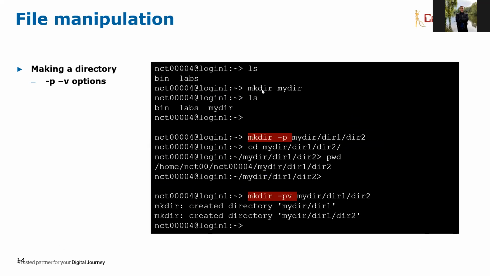Mkdir stands for make directory. So you type in the command mkdir and then space, and then the name of the directory you want to create, and then you hit enter. And if you type ls, you will see your new directory, which appears in the list. Okay, so you can try that.